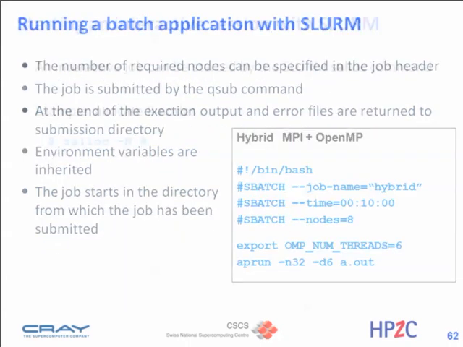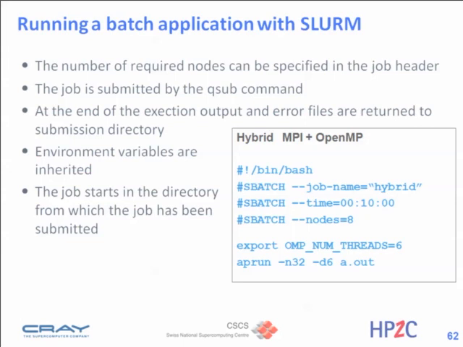Okay, so now, closer to the hands-on lab time, what you need to do on this machine to run a batch application. As I said before, the batch subsystem is called Slurm. And what you need to do is just set up a batch job like this.